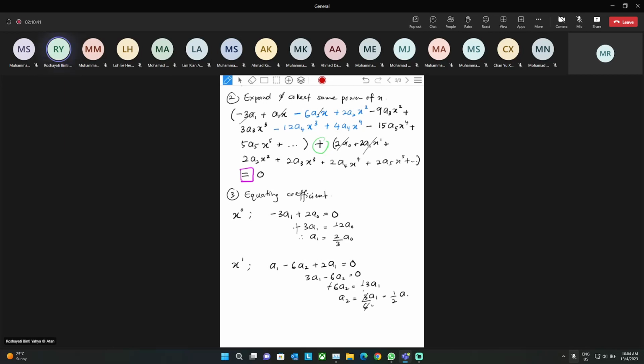Do you have a1 previously? Yes. So since a1, okay, a1 equal to, look at previous, 2/3 A naught. So here, how to use it? A1, refer here, and then apply here. Okay.